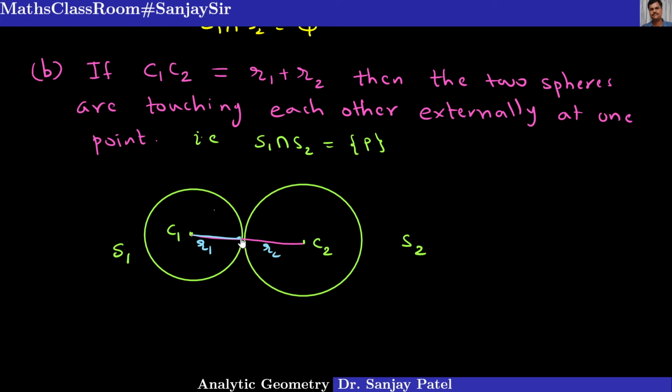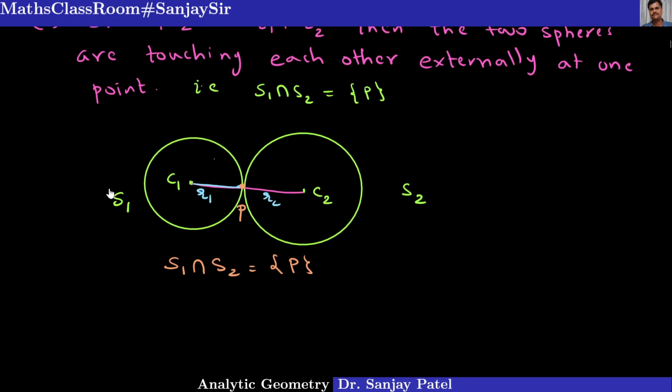In this case, there is only one point in common between the two spheres, the point P. So S1 intersection S2 is equal to the singleton P, and the two spheres are touching each other externally, or tangent to each other at one point.